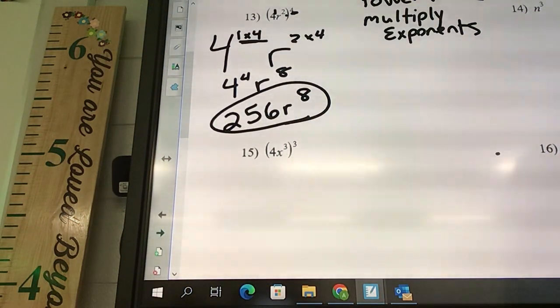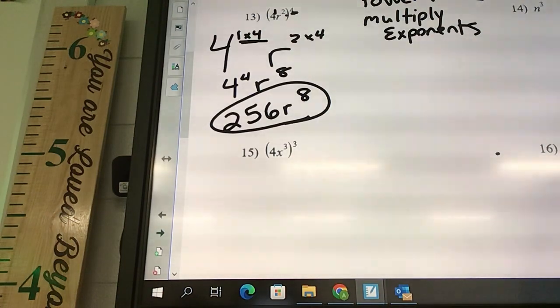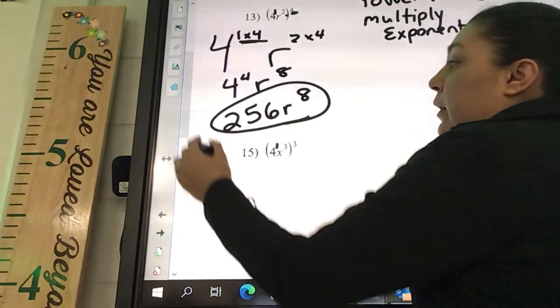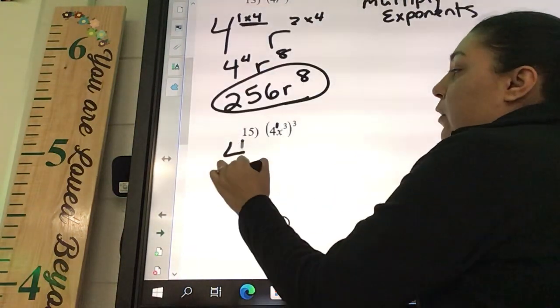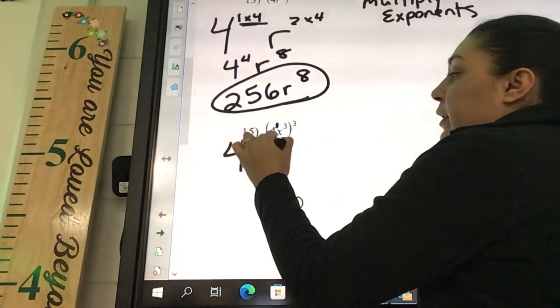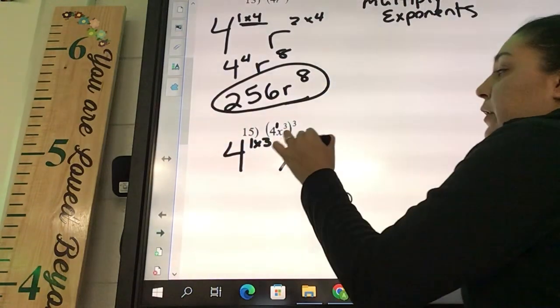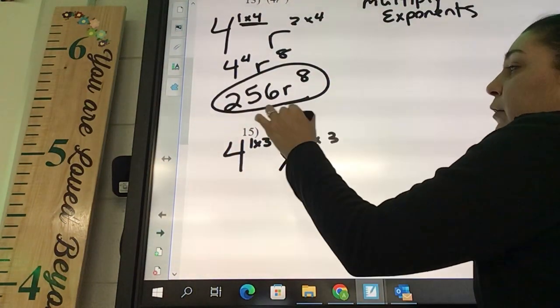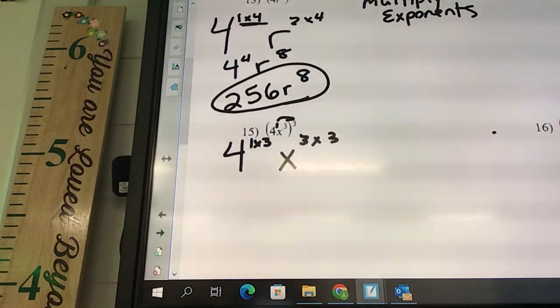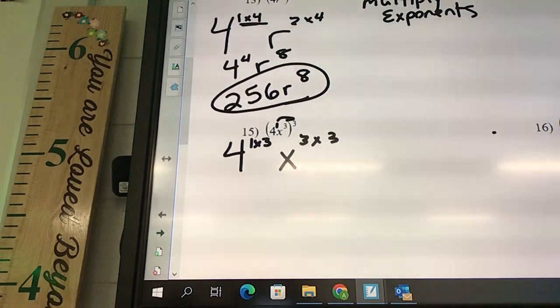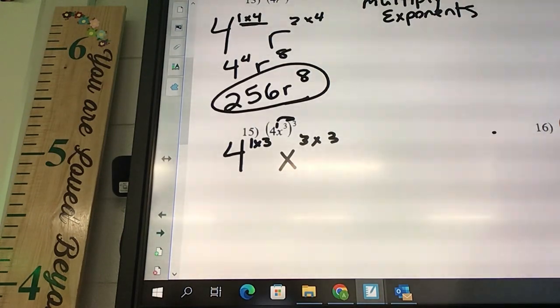If we look at 15, where can I put a 1? On top of the 4 for the exponent. So it's going to look like 4 to the 1 times 3, x to the 3 times 3. We're taking this exponent and distributing it to each piece. So 4 to the 1 times 3, what is 1 times 3? 3.